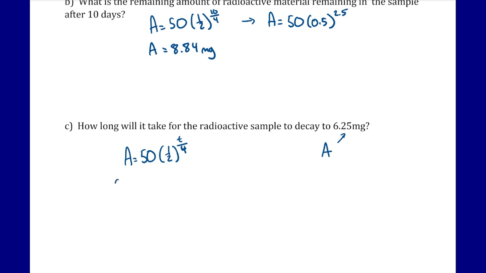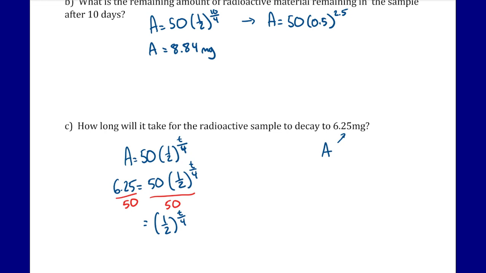I know now that A is 6.25, so 6.25 equals 50 times 1/2 to the power of t over 4. And I want to solve this exponential equation. Similar to what we did in the warm-up, I'm going to divide both sides by 50 to cancel out the 50. I get 1 over 2 raised to the power of t over 4.